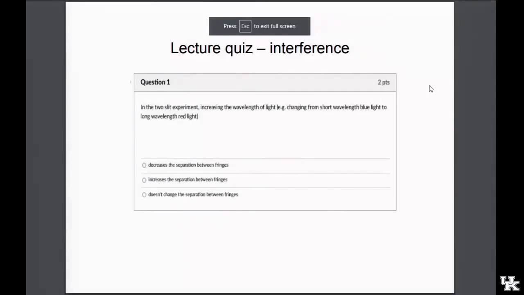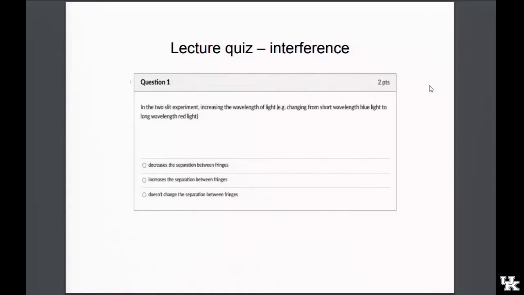So in this quiz question, it says we've got a two-slit experiment, and we're going to increase the wavelength of the light. So we're going to make the wavelength of the light longer. So the question is, does that increase the separation between the fringes? We just looked at the separation between the fringes. Or does it decrease the separation between the fringes?